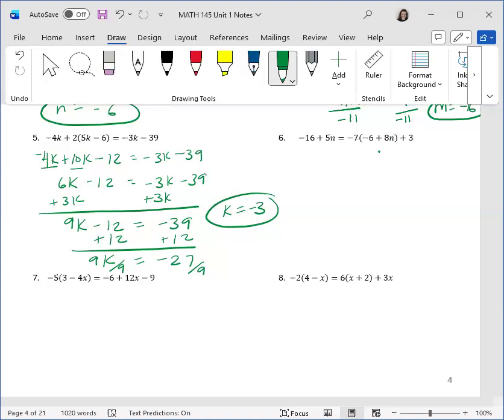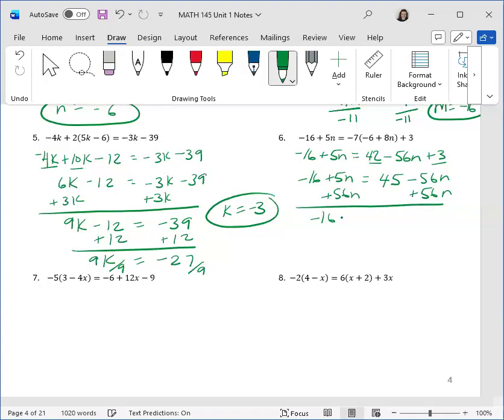All right, number 6, another set of parentheses. So I'm going to be distributing that first. Negative 7 times negative 6 is positive 42, and negative 7 times positive 8 is negative 56n. Oh, I do have a set of like terms. Just kidding. So negative 16 plus 5n is equal to 45 minus 56n. I'm going to add the 56n to both sides.